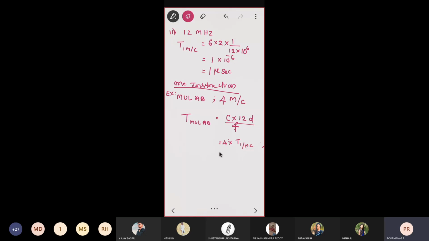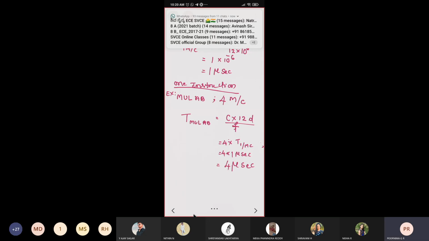So now 4 into 1 microsecond is the total time period. So the total time of this instruction is how much? 4 microseconds. Is it clear or any doubt?